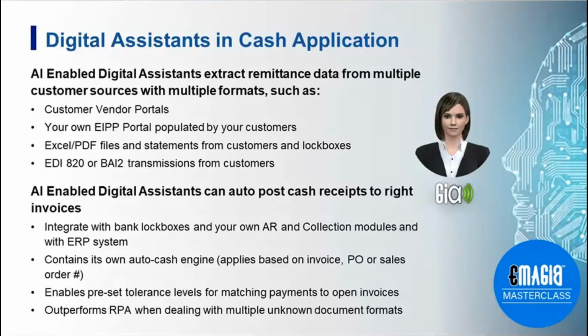It can also execute your tolerance levels. So if a customer pays $998 on a $1,000 invoice, you can set an automatic small balance threshold so that the $2 differential is written off and the transaction is closed.